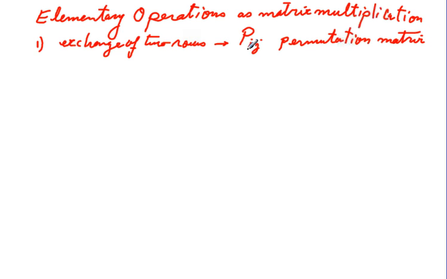We had a special notation for it, Pij. It meant this is a matrix that exchanges row i and row j. What was Pij? Pij was the same as the identity matrix, except that its row i and row j have their entries exchanged.